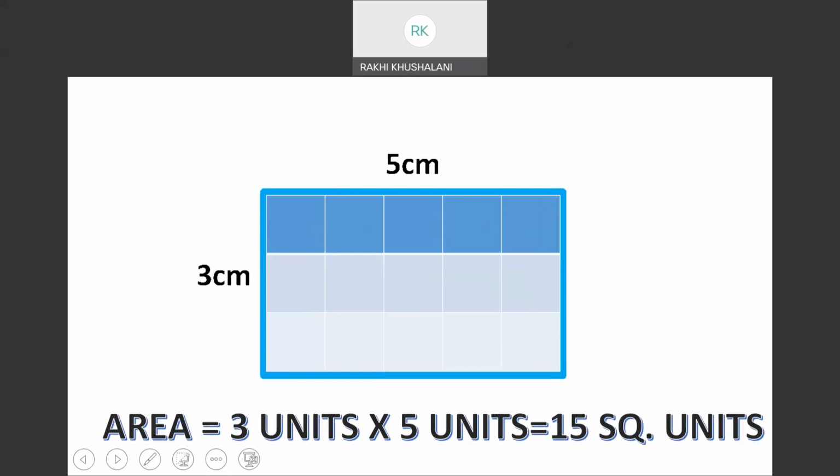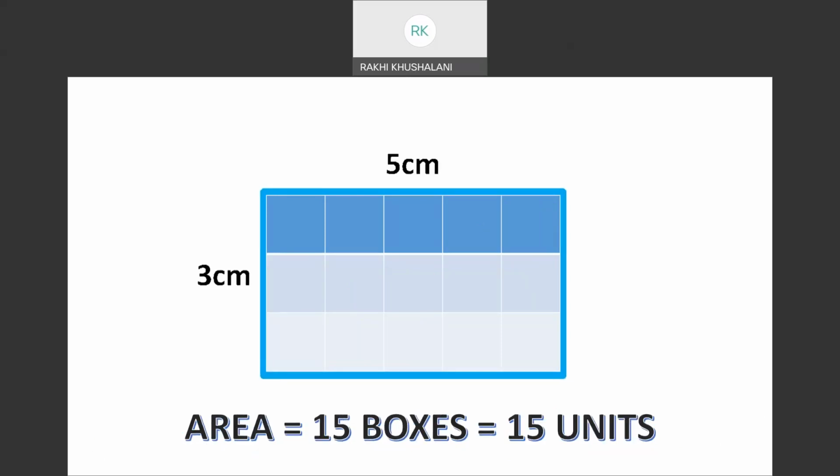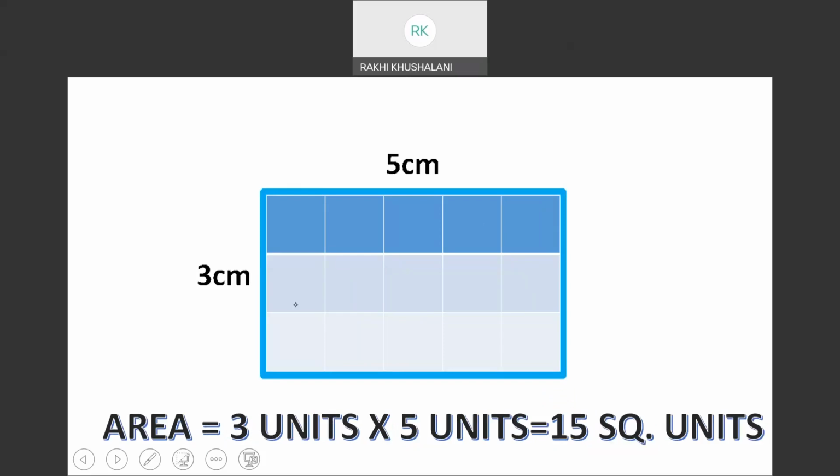So see, I have written here 3 units into 5 units. 3 units into 5 units is equal to 15 square units. Like this 3, and this 5: 1, 2, 3, 4, 5, and this 3: 1, 2, 3.